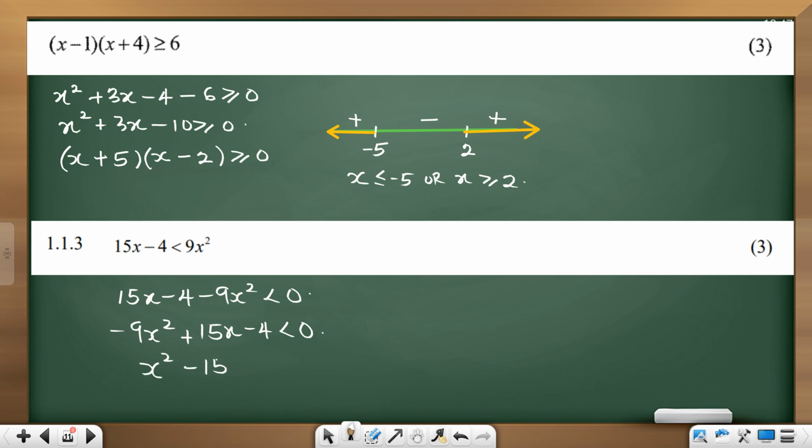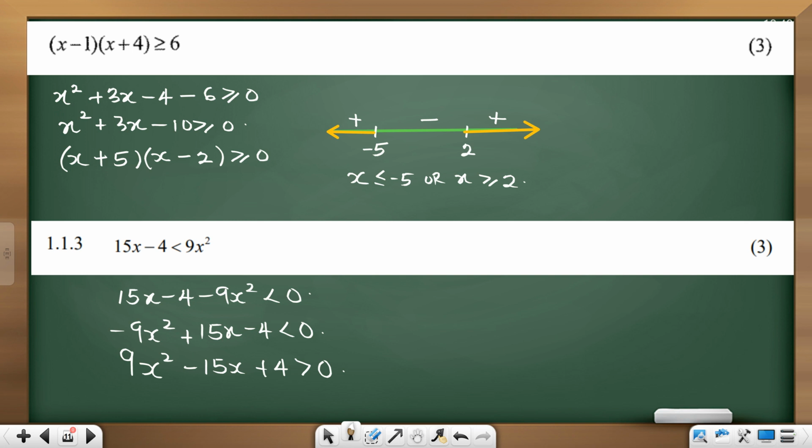Now your inequality sign changes. I am multiplying everything by negative, then the inequality sign changes. Make sure your a is positive.